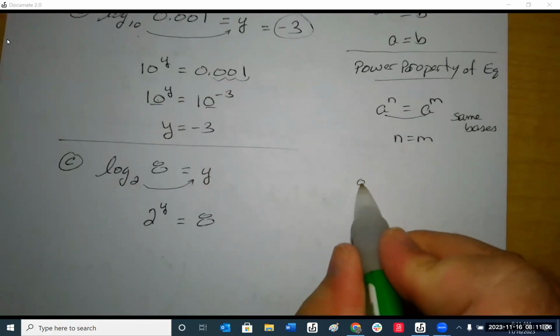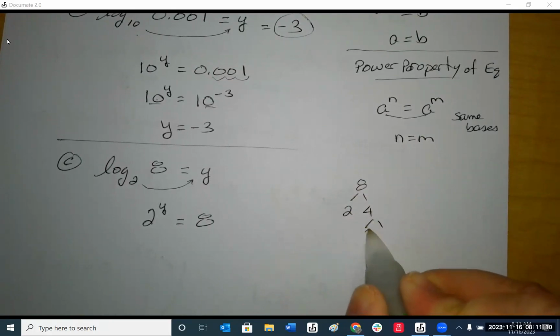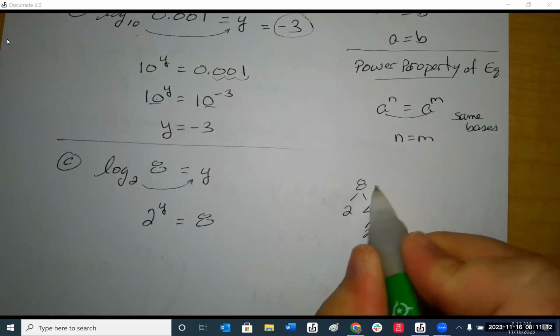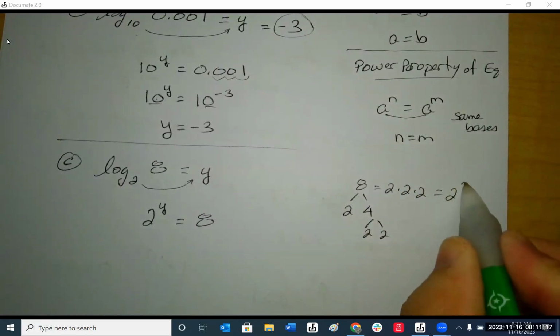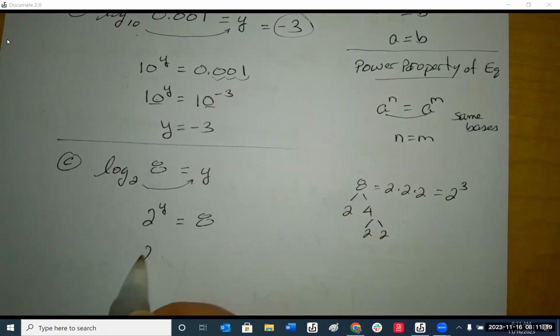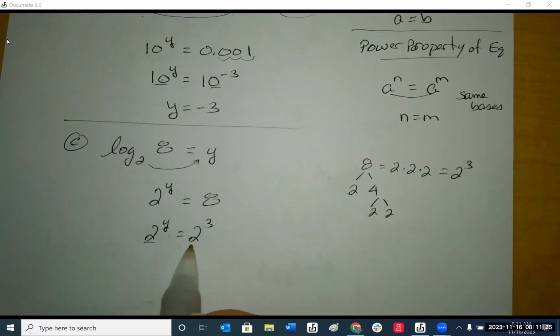Well, let's see what 8 is made up of. 2 times 4, 2 times 2. So 8 is made up of 2 times 2 times 2, which is 2 cubed. Since the bases are the same, y is equal to +3.